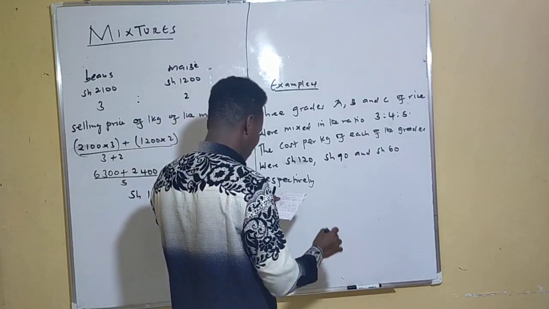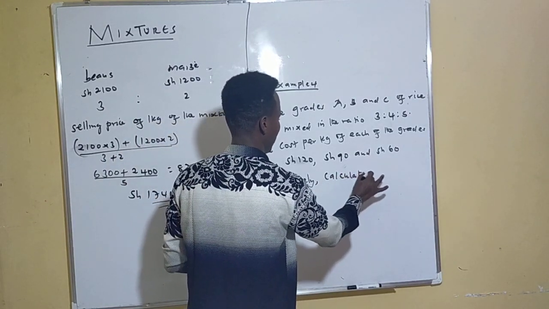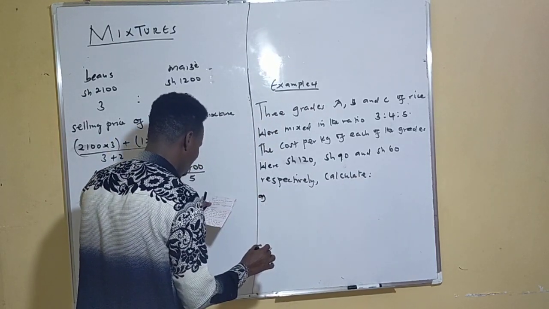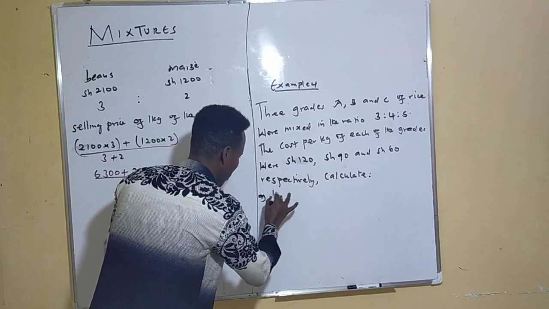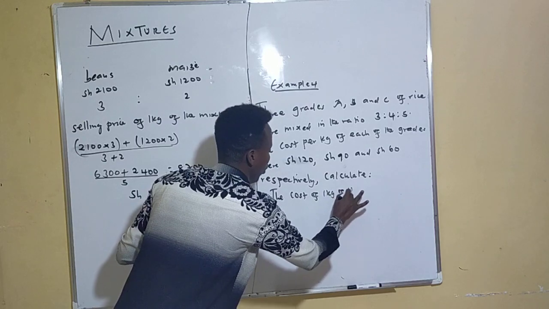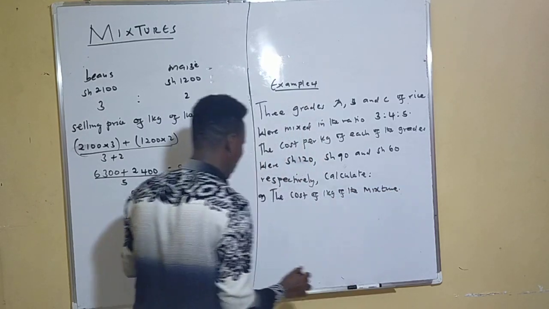Then we are told to calculate. Question A: the cost of 1 kg of the mixture.